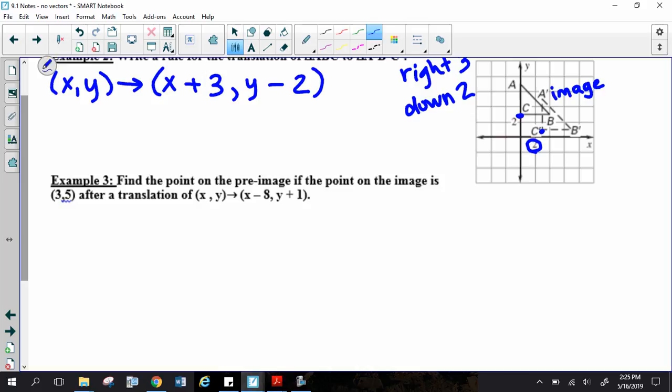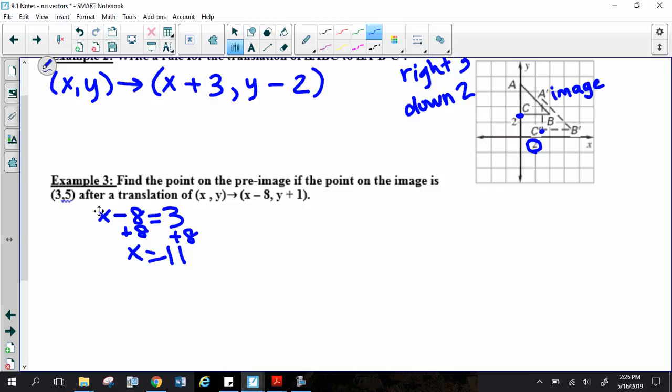So essentially, 3 is what results after I take X minus 8. So whatever my X is, I get a 3. So X plus 8, or I'm going to add 8, so I have X is equal to 11.